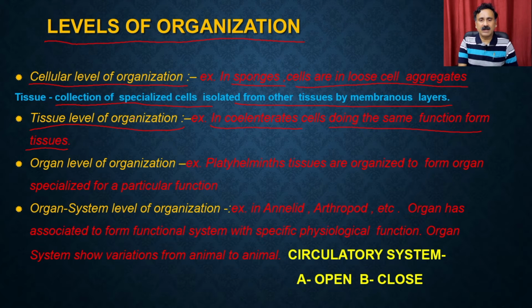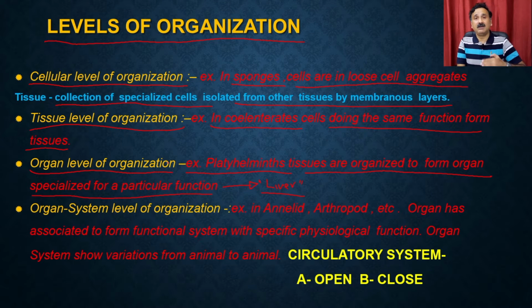Then the tissues come together to give you organs. For the organ level of organization, a classical example is the platyhelminthes. The tissues are organized to give you an organ which is specialized for a particular function. A classical example is the liver in humans. The liver performs a function, but it has different types of tissues which come together to give you an organ. And then we have the organ system level of organization.